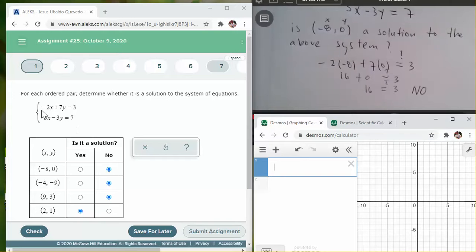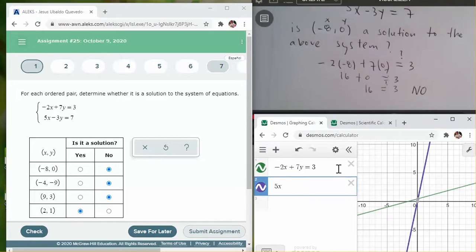So I just want to type the equation just like it is: negative 2x plus 7y equals 3. That's the first equation. And then 5x minus 3y equals 7. They have a solution. The solution is the intersection.